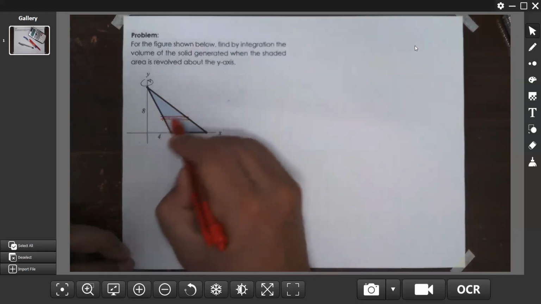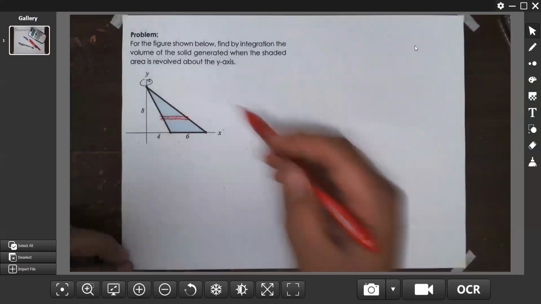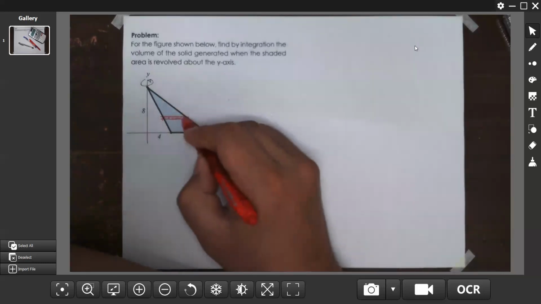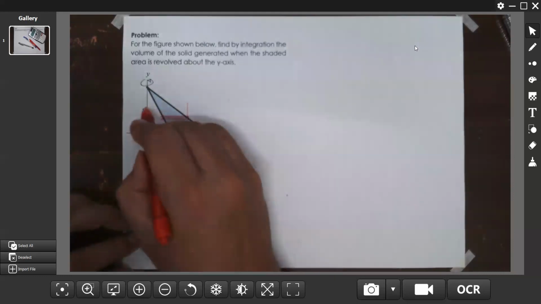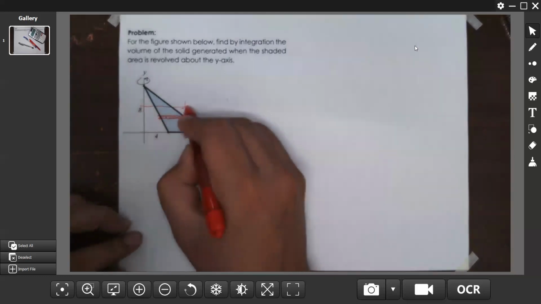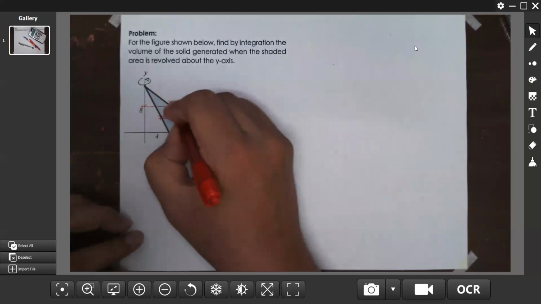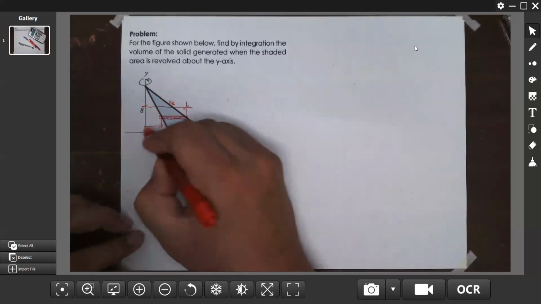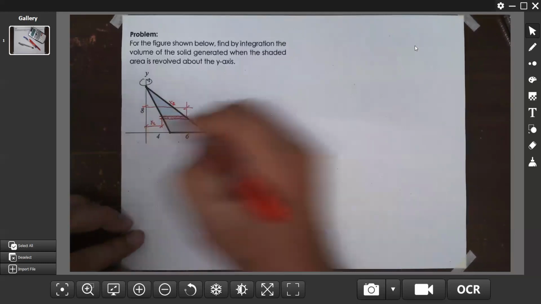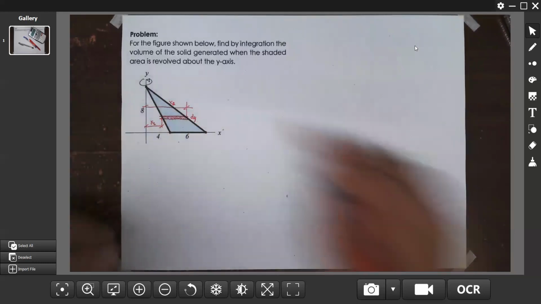So, again, for the horizontal strip, I will be using these parameters, x sub r and x sub l, and of course, you have dy.